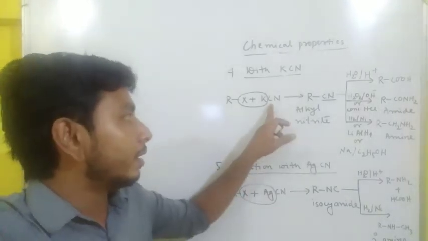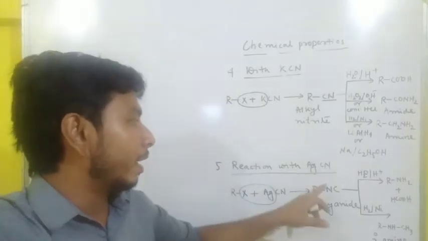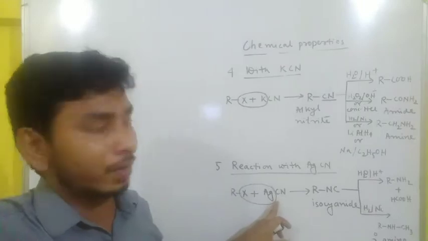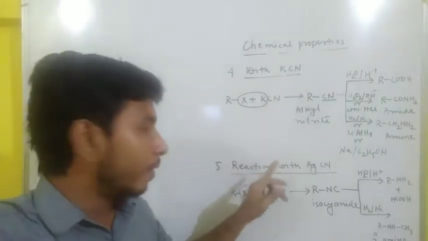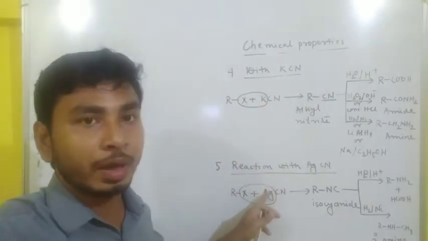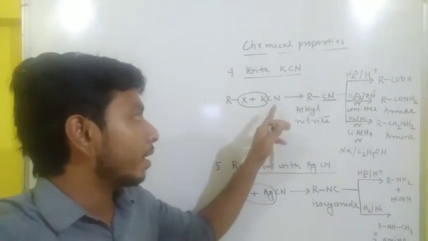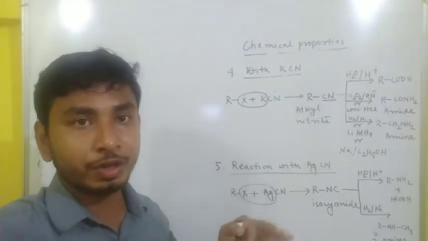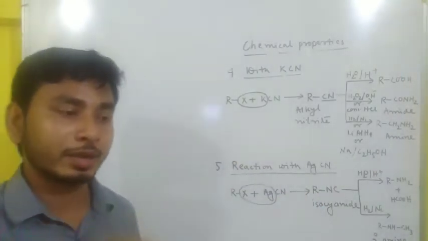KCN is an ionic compound, and AgCN is a covalent compound. Due to the ionic and covalent nature, one gives the cyanide and the other gives the isocyanide. The explanation in detail we will discuss later.